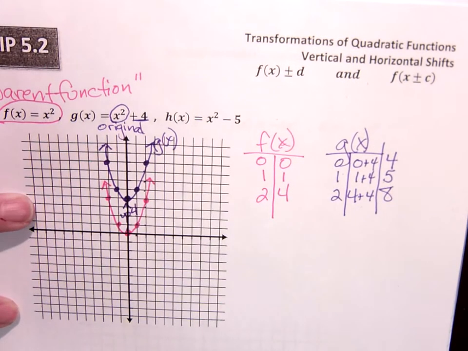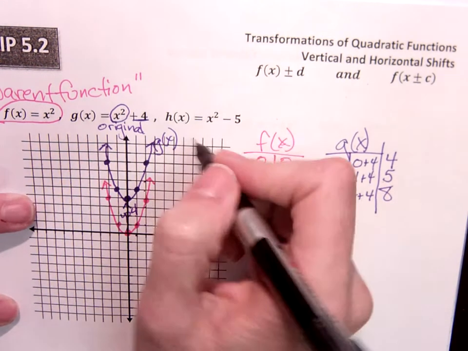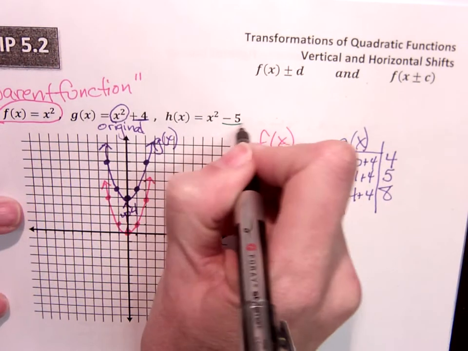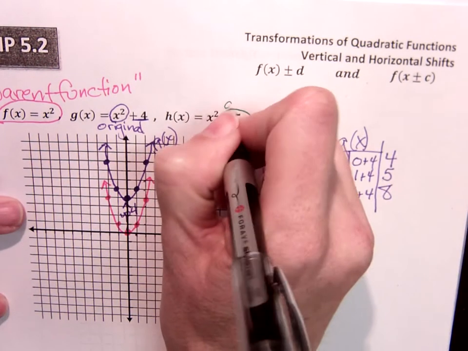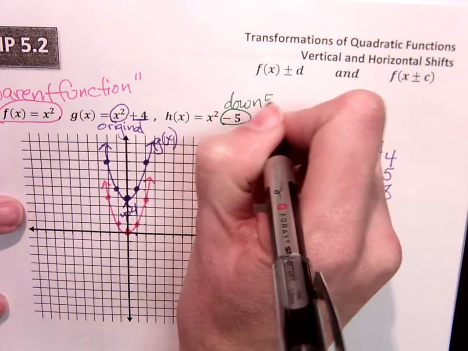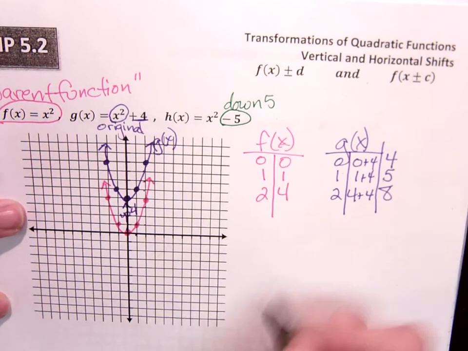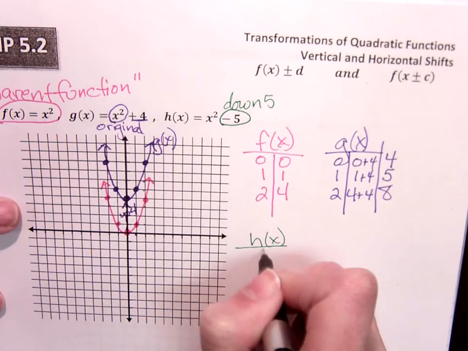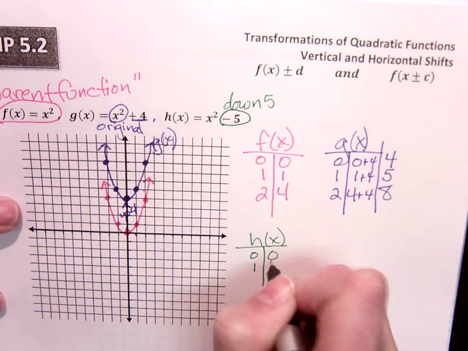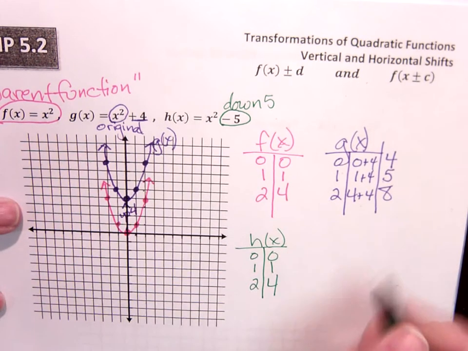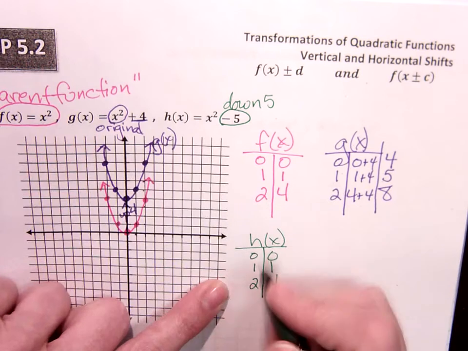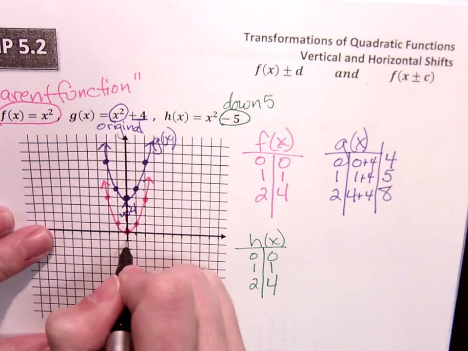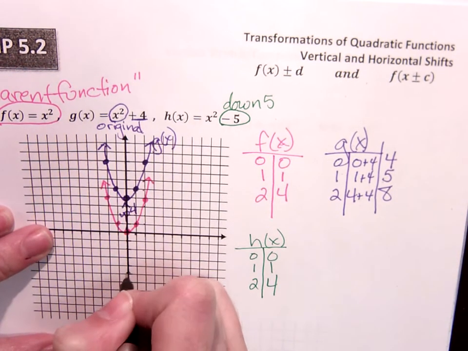Okay. So if I want to just use that knowledge to graph my last one, h of x, this minus 5 out here tells us it's going to move down 5. So I'm going to use my original points, 0, 0, 1, 1, 2, 4, but before we plot everything, we're going to move down 5.